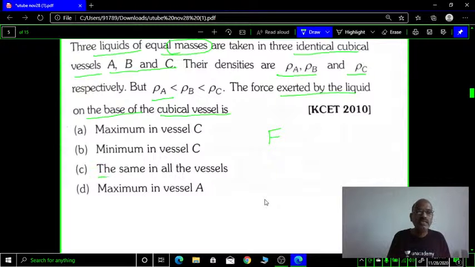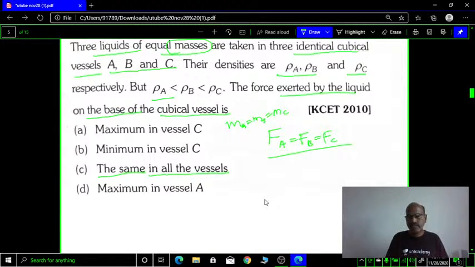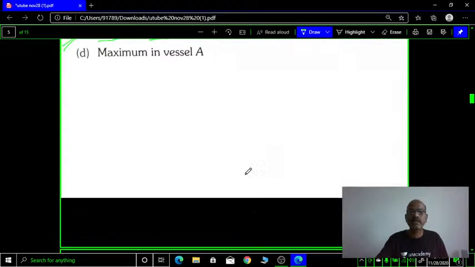So this is the same in all the vessels, because the mass MA equals MB equals MC, and with 3 identical cuboid vessels, force on A will be equal to force on B will be equal to force on C. Liquid exerts equal pressure in all directions, so whatever the shape of the vessel, it is the same in all three vessels. C is the correct option. Yes. Let us go for the next question.